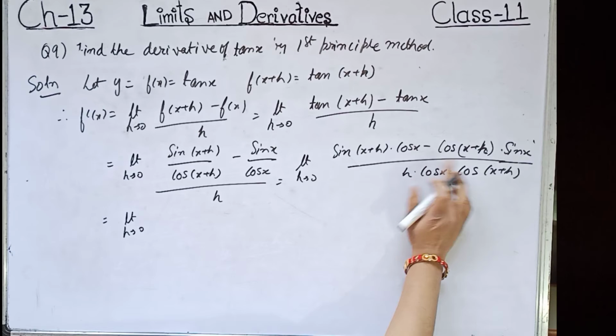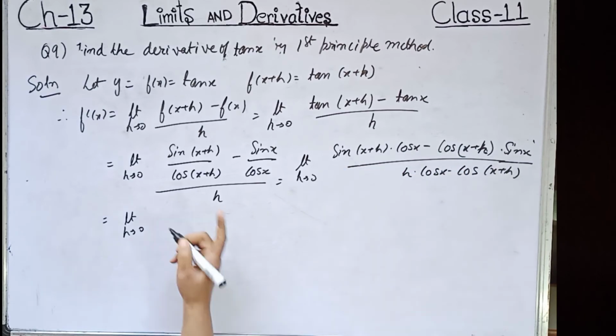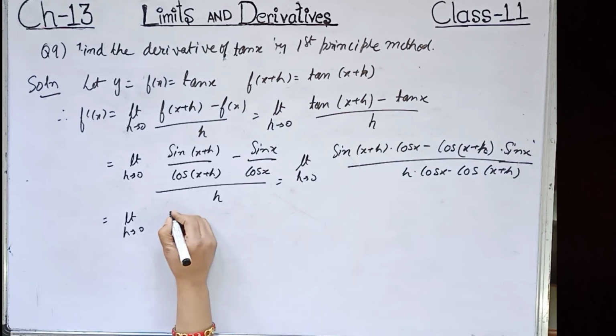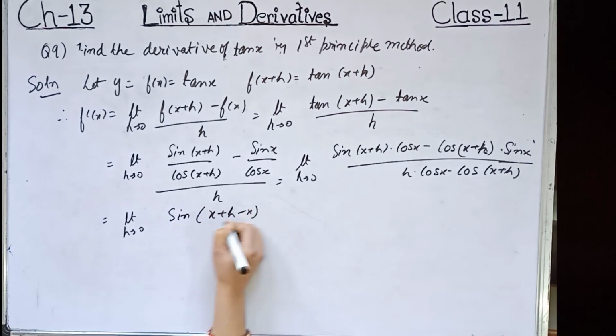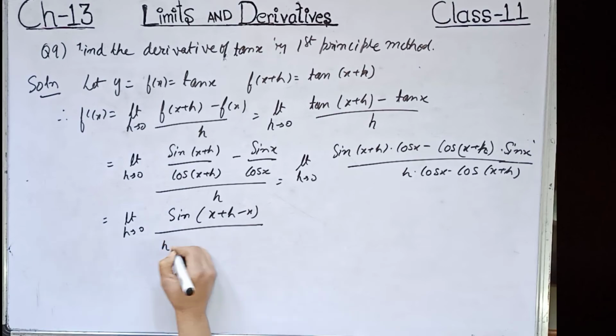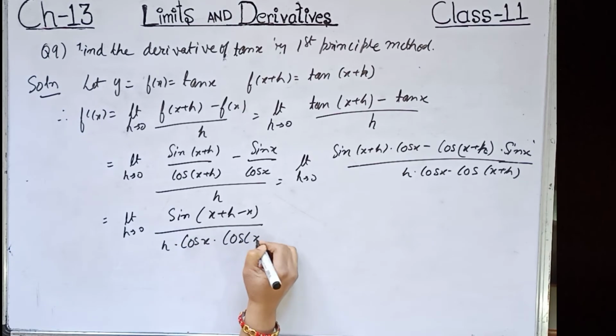But just to set in the form of the formula, sin a into cos b minus cos a into sin b is sin of (a minus b). So sin of (a minus b) divided by h into cos x into cos of x plus h.